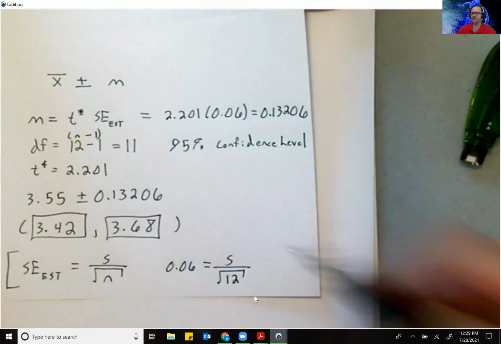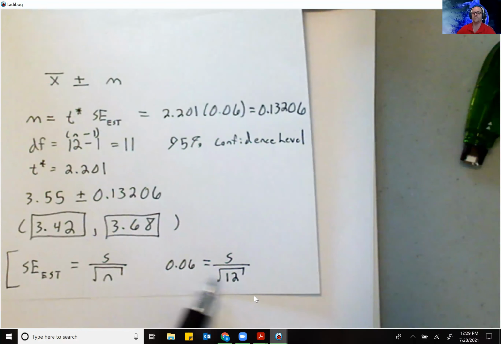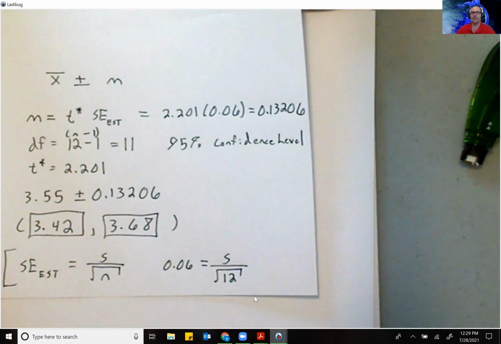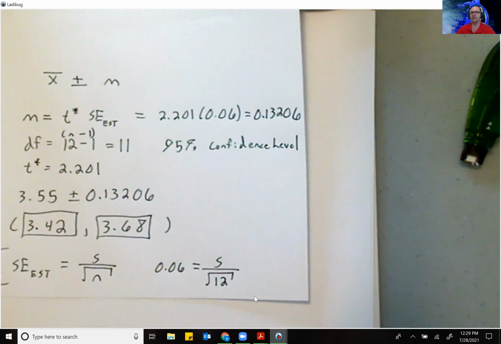So basically to get s, you just got to multiply these two numbers: the standard error times the square root of 12. Again, do not round that number. You need it as accurate as possible because we only round when? The final answer.